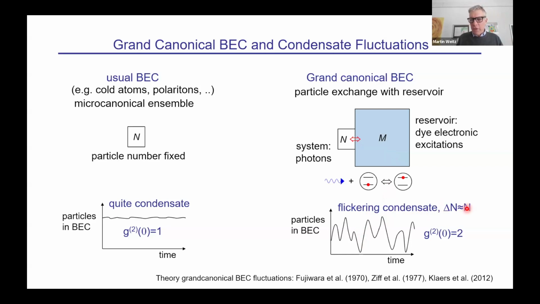So if the reservoir is large, the second order correlation at 0 times can be 2 and not 1. So same in the condensed state as in the thermal state. So effectively what happens with a large reservoir is that the square root of n fluctuations of the reservoir mix into the system if the reservoir is sufficiently large.